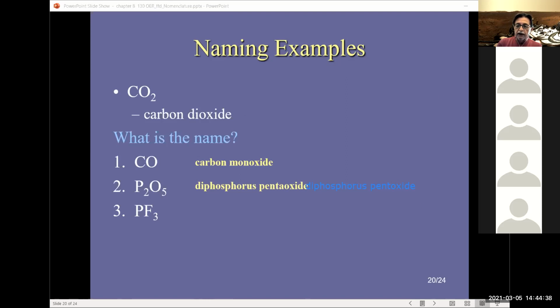And so you can systematically do what we just did with the first one, is put down the base name, and then the name of the other nonmetal, which is fluoride. That is the base name, and then come back and add the prefixes. Okay, trifluoride.